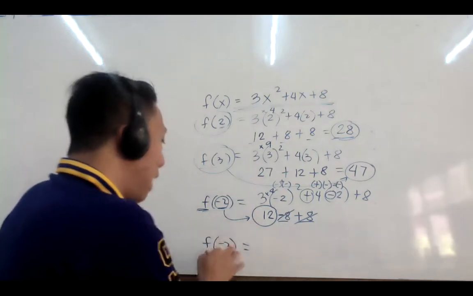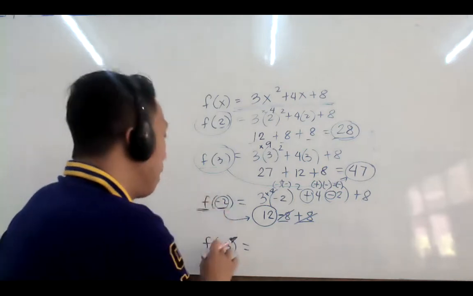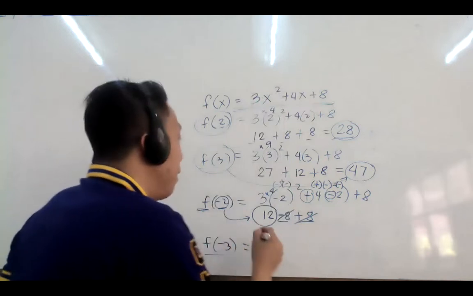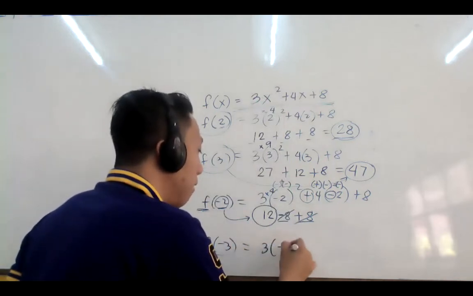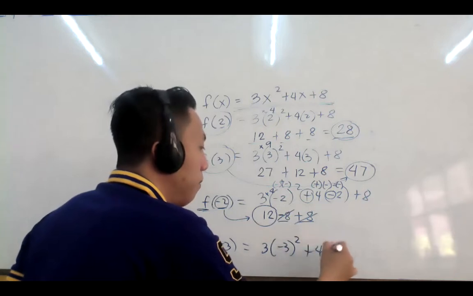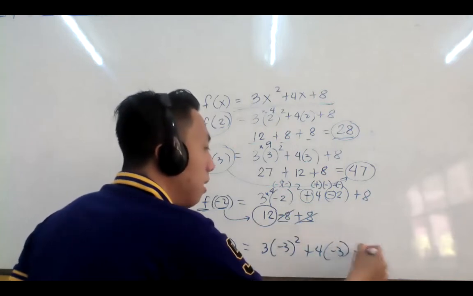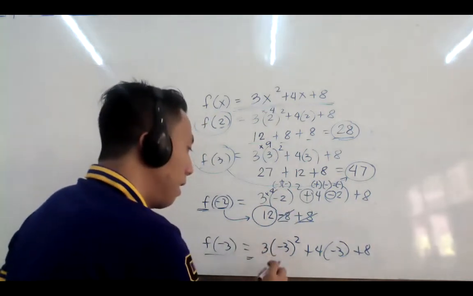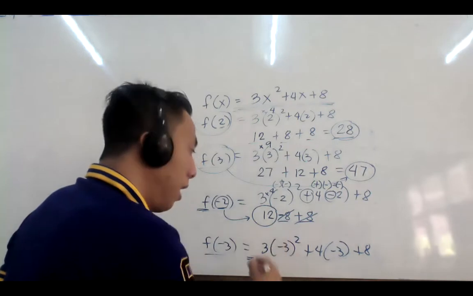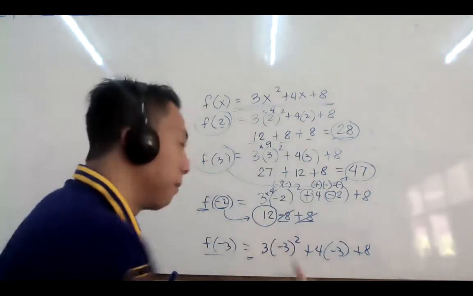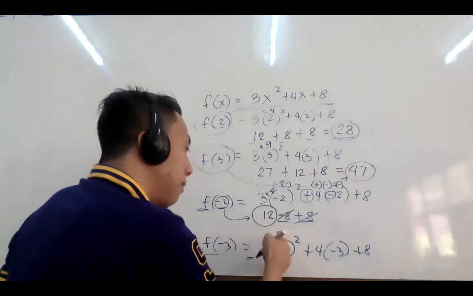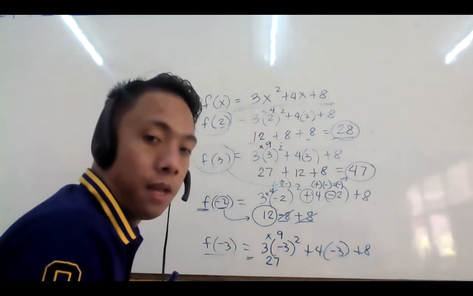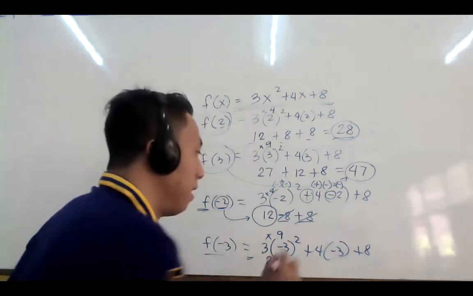Next, we have negative 3. Change all the x's as negative 3. So 3, negative 3 squared plus 4, negative 3 plus 8. Got it? Next, negative 3 squared is positive 9. Positive 9 times 3 is positive 27.